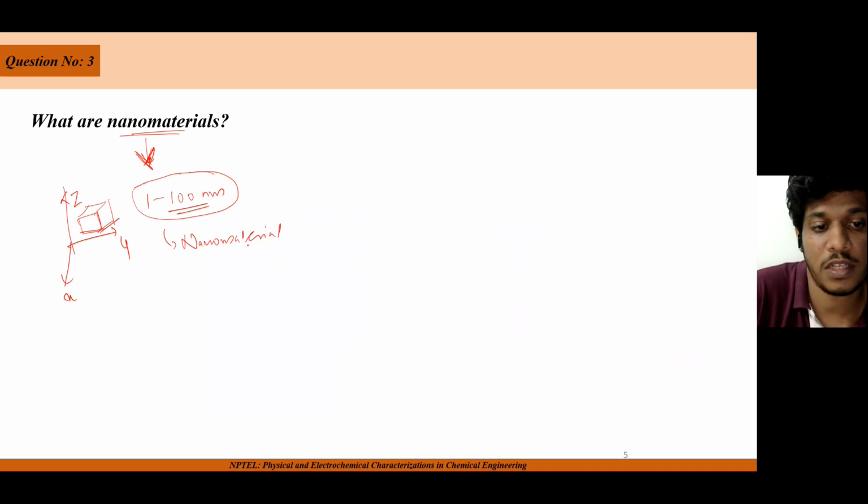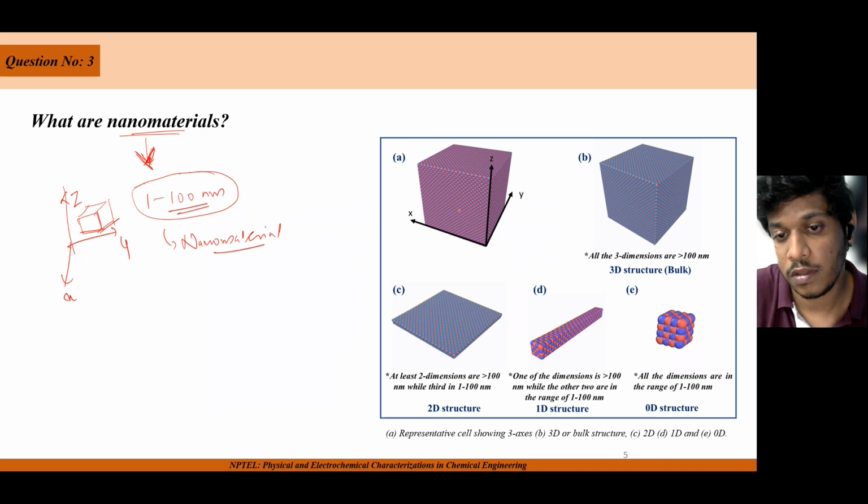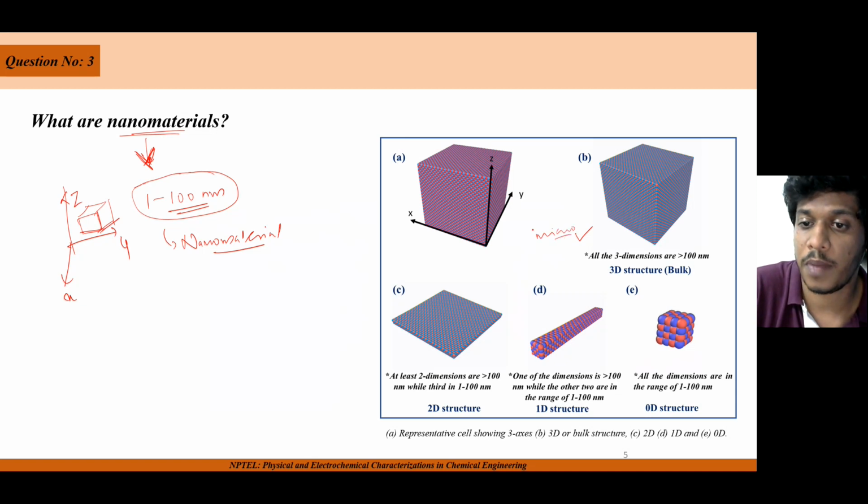So obviously we can classify this into different types. Here we can see from this figure, figure A would give you an idea about the directions. This is X, this is Z, and this is Y. Now, if all the 3 dimensions are greater than 100 nanometers, you can see from this figure, this is a bulk material. This is a micro or macro material.